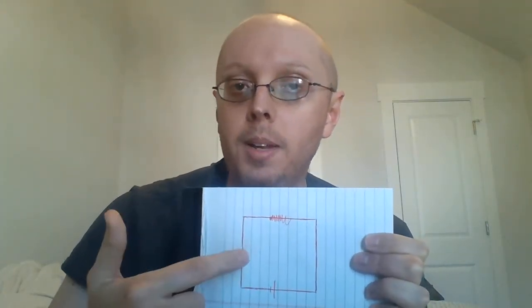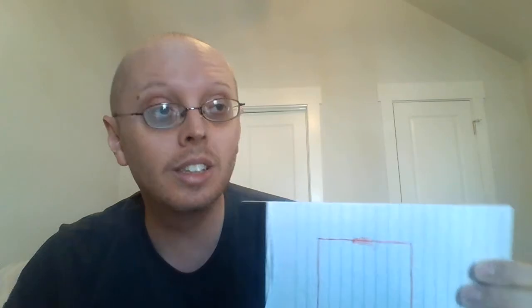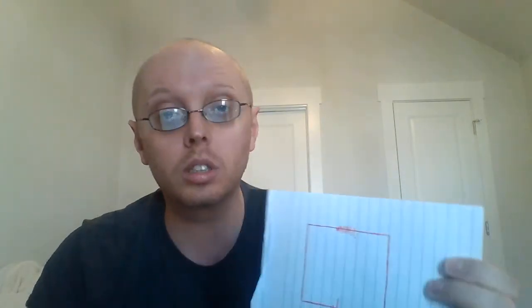If it creates a field going in toward me, toward the page, perpendicular to the circuit, then I curl my fingers around and it creates a current that goes this way, right? Lenz's law, it fights the change. Doesn't matter what it is. We don't care how big the magnitude of the magnetic field is. That's not important. What's important is how much it's changing, right?